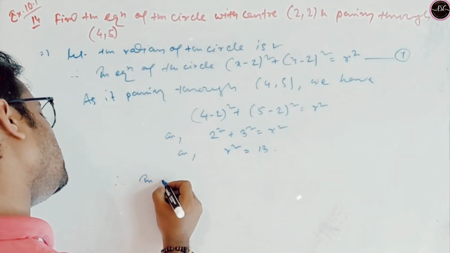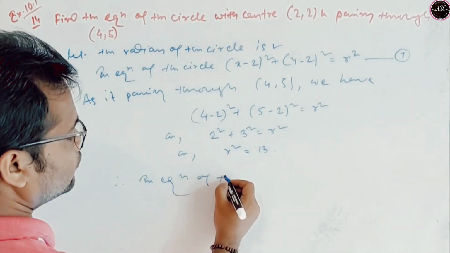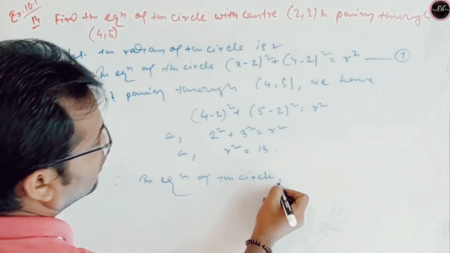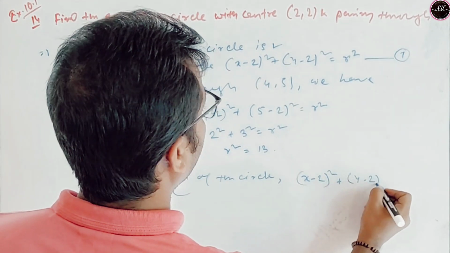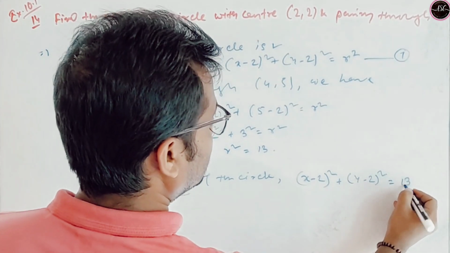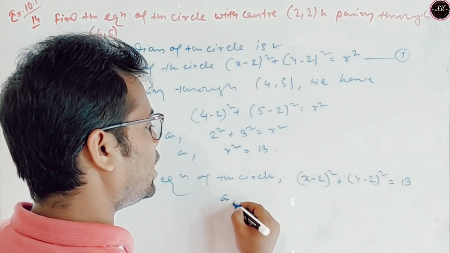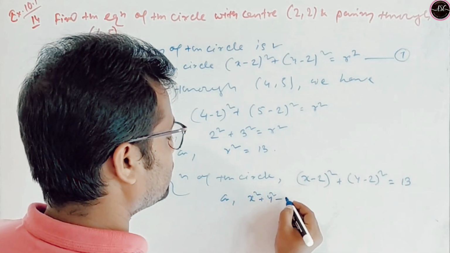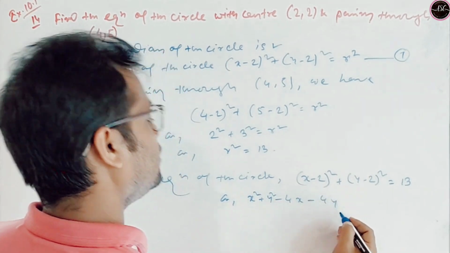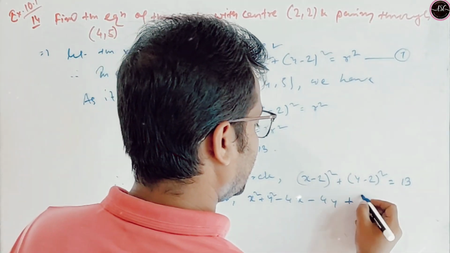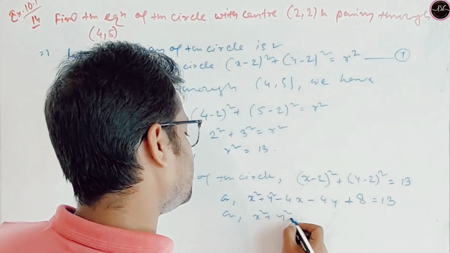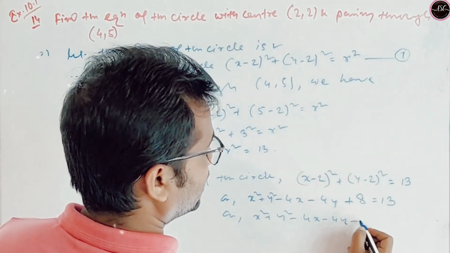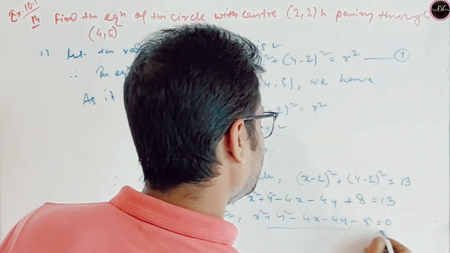Therefore the equation of the circle is (x - 2)² + (y - 2)² = 13. Or just simplify: x² + y² - 4x - 4y + 8 = 13, or x² + y² - 4x - 4y - 5 = 0. That will be your answer.